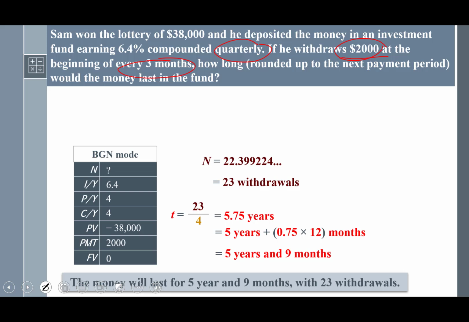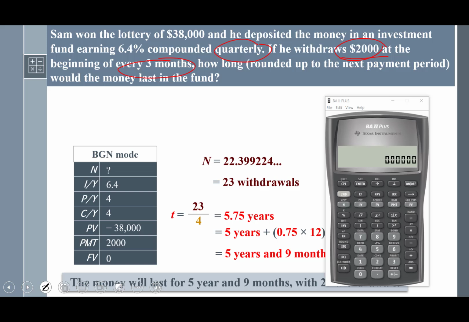One more time, let's bring the calculator back. We have to set the calculator to begin. So one more time, we're going to click on second, PMT, second, set, then second, quit. Interest rate is 6.4. We're going to go to the PY and CY, and both are 4, so we press enter just to make sure. CY is also 4. Quit.